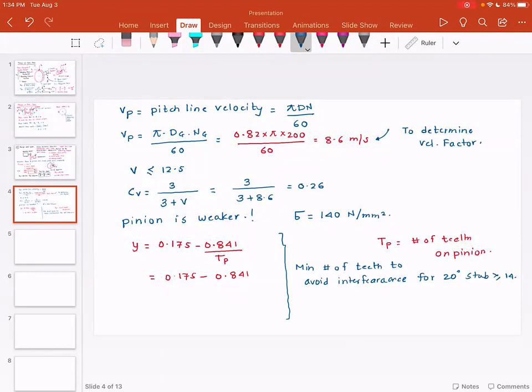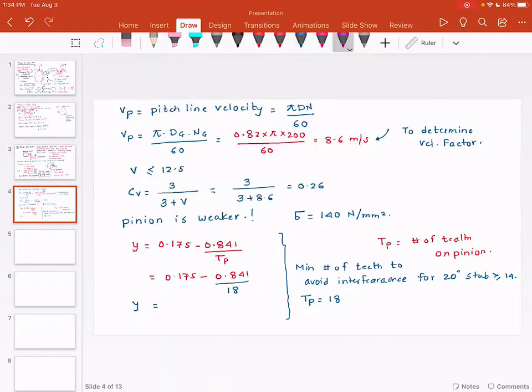That comes from the data sheet. So you can assume number of teeth on pinion to be, I'm just guessing, say 18. And you can use 18 and find the value of Y, and then the design process would continue.